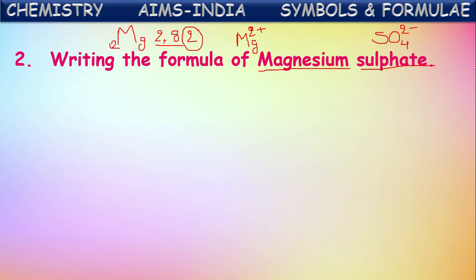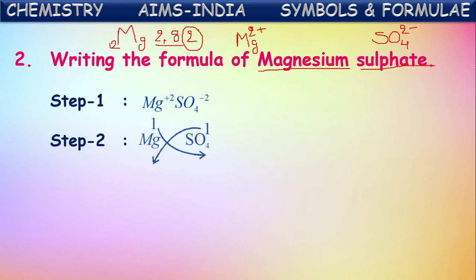Now let us try to write the molecular formula of the compound formed by magnesium and sulphate ions. The first step is writing the positive ion followed by negative ion. First Mg+2 is written and next SO4 minus 2. Both are written. In the second step, the common factor should be eliminated.